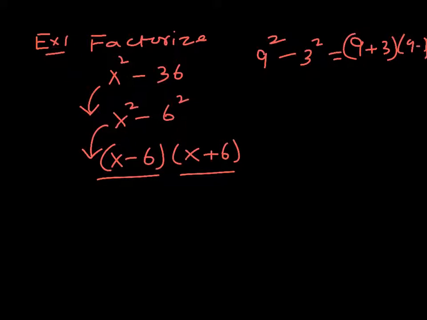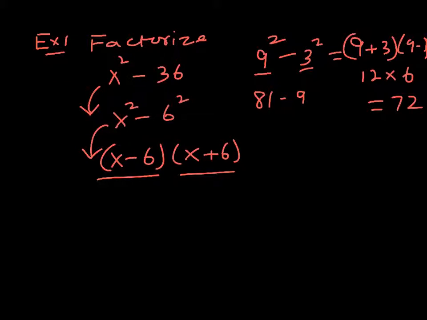Okay, so what is 9 plus 3? That is 12, multiplied by what is 9 minus 3? That is 6. So the total of that is 72. Okay, so what is 9 squared? That is 81. What is 3 squared? That is 9.